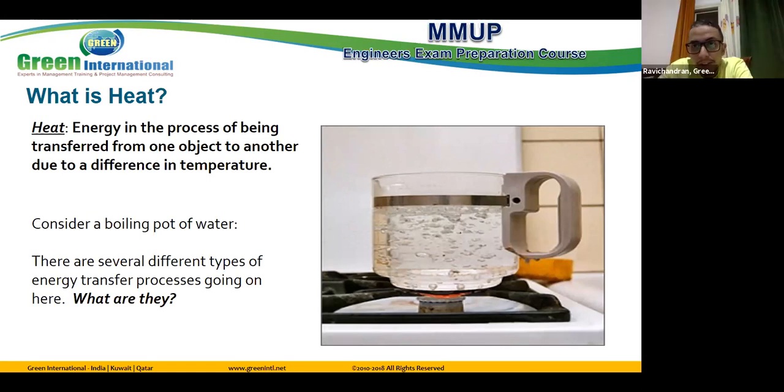So what is heat? Heat is energy in the process of being transferred from one object to another due to a temperature difference. We studied this definition exactly in thermodynamics, so till now we have no change. So what is the change? The change we will see now.